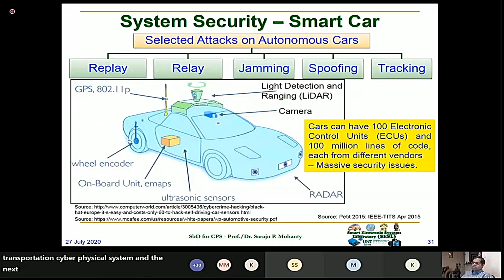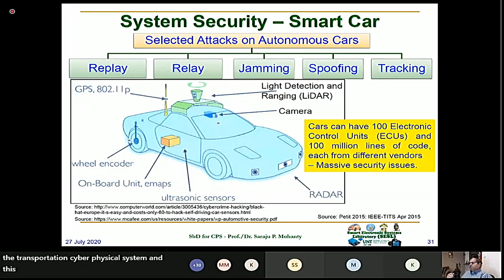The next issue, the September issue, we are putting on healthcare cyber physical systems. And after a couple of issues, I have a plan to do agriculture cyber physical systems. So stay tuned to the Conjugatrix magazine. I typically put the table of contents on my LinkedIn and Facebook, and you can have access to many things. So anyway, here is the security aspect of transportation cyber physical systems.